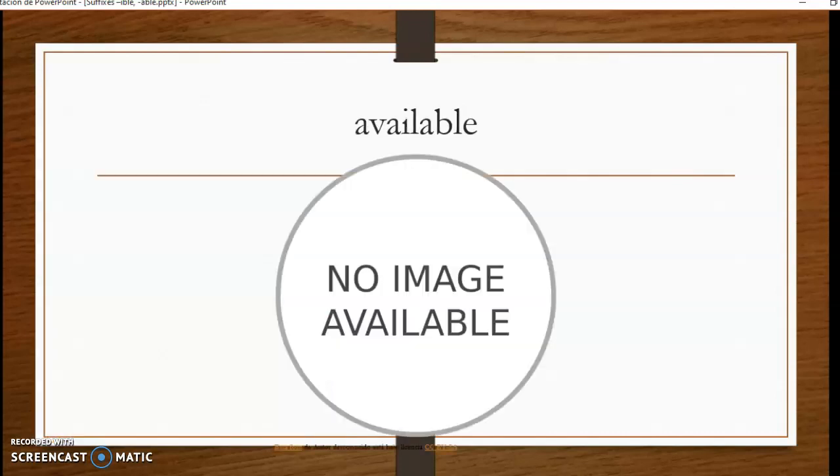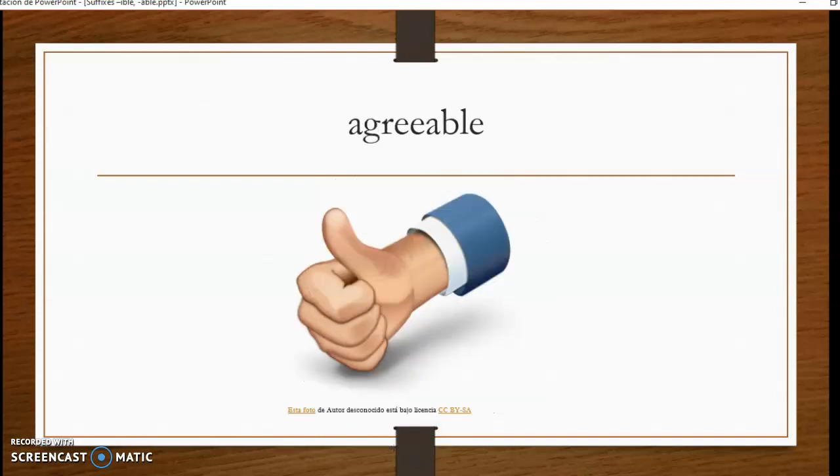Okay, the next word is available. I put an image where no image available means there are no things. It's another way to say there is. Are you available? Is it possible to talk to you? Are you free? Agreeable.